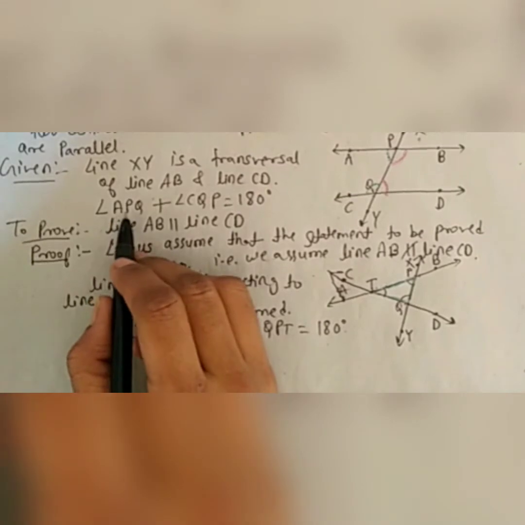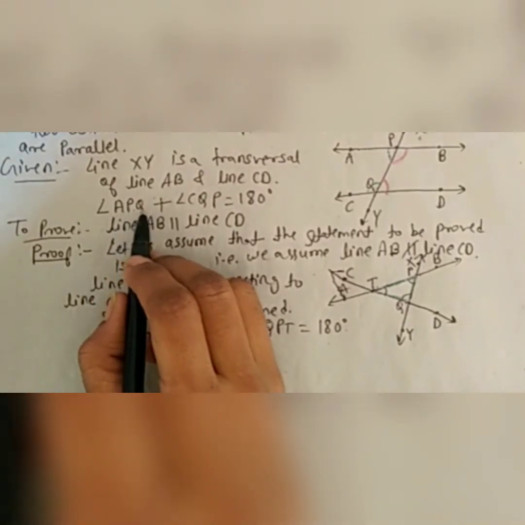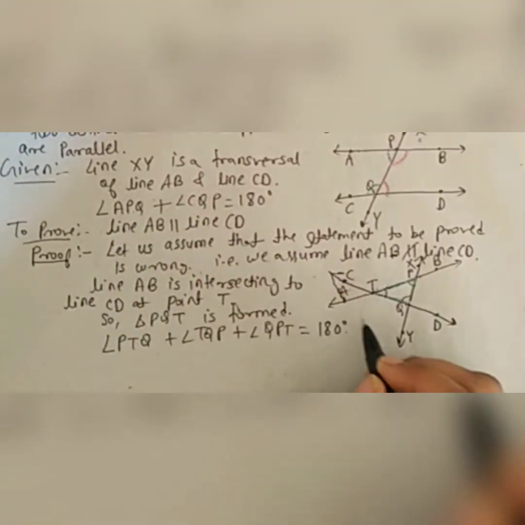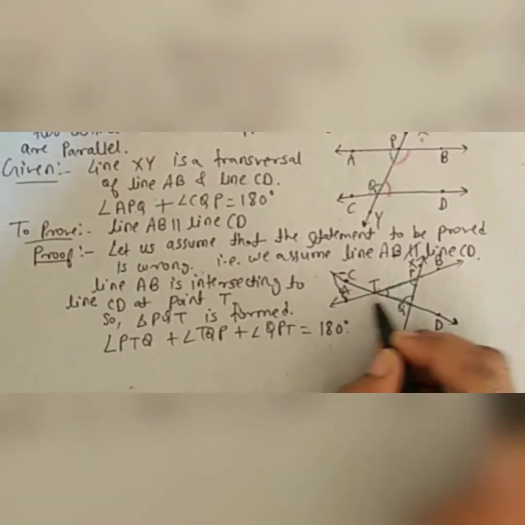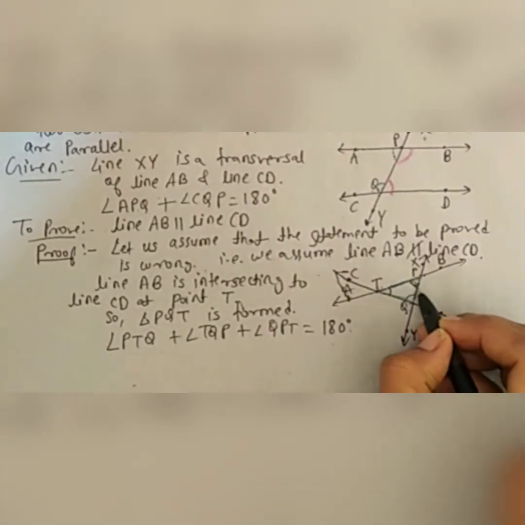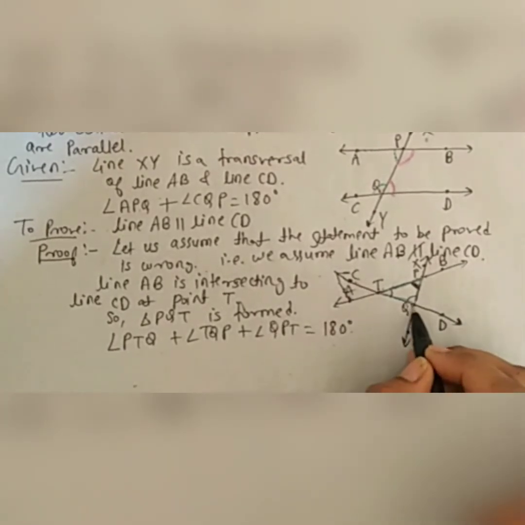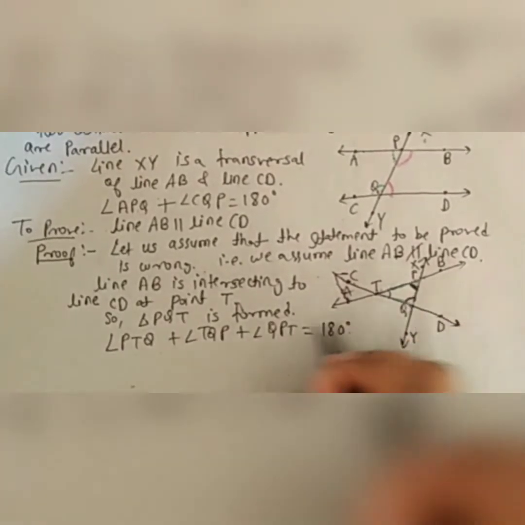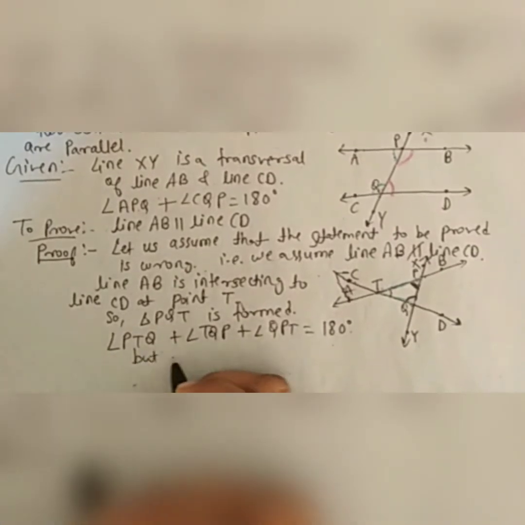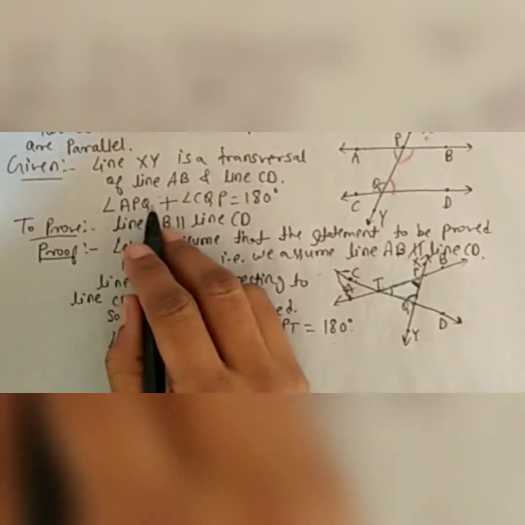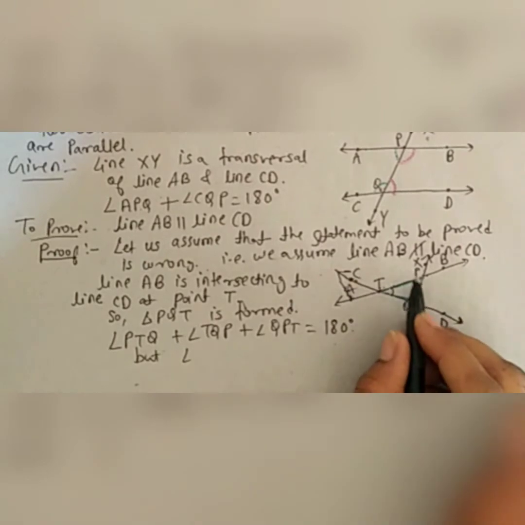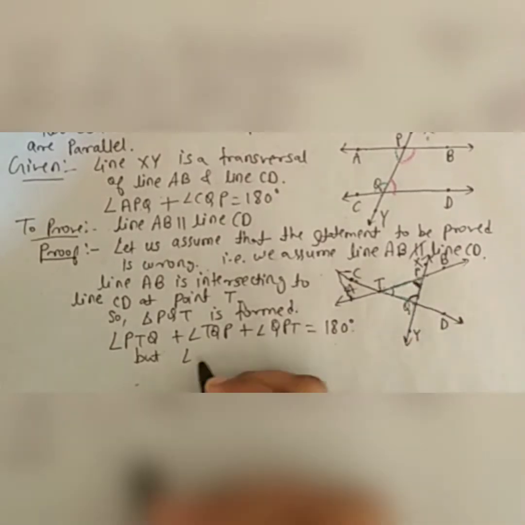And what is given? Angle APQ plus angle CQP is 180 degrees. Means angle APQ, this angle, plus angle CQP is 180 degrees. But the given thing is angle APQ, and angle APQ means angle TPQ.